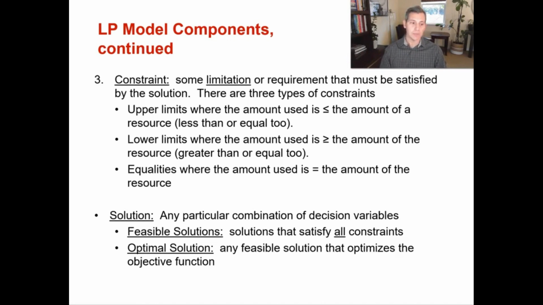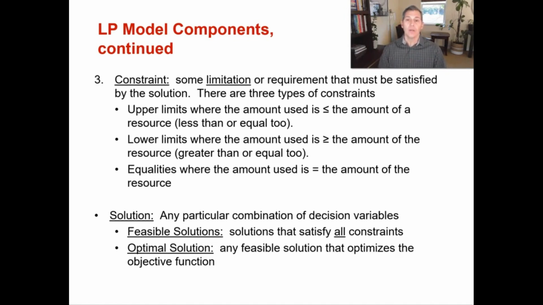And then the solution, there can be any particular combination of decision variables. So there's the feasible solutions, and those are solutions that satisfy all of our constraints, but we're not really focused on feasible solutions. What we want are the optimal solutions. That's any feasible solution that optimizes the objective function. So either maximizing our profit or minimizing our cost, or whatever it is that we're trying to solve for in that objective function.